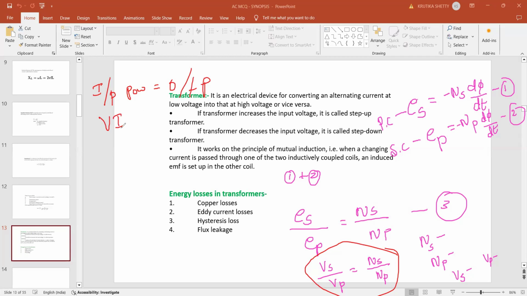VI, the power formula. Power is given by the product of V into I. So for the primary coil it is Vp Ip, which is equal to the output Vs Is. Now you can take the ratios. Vs by Vp is equal to Ip divided by Is. Please copy down this formula also.